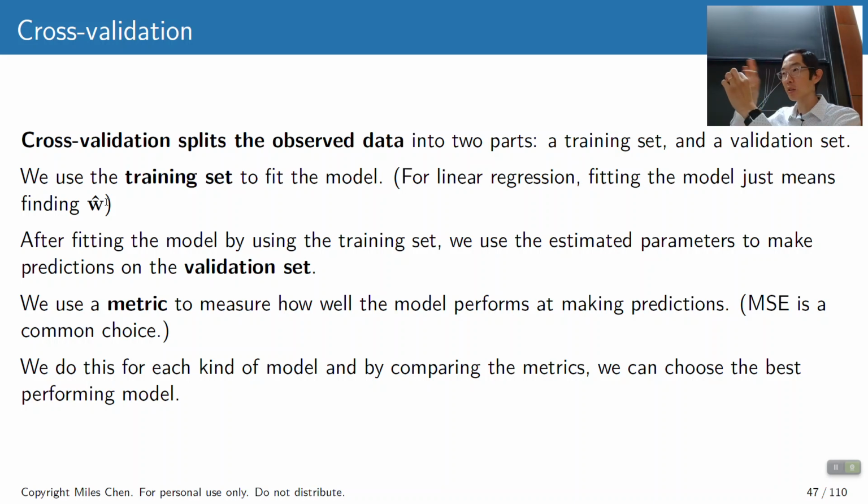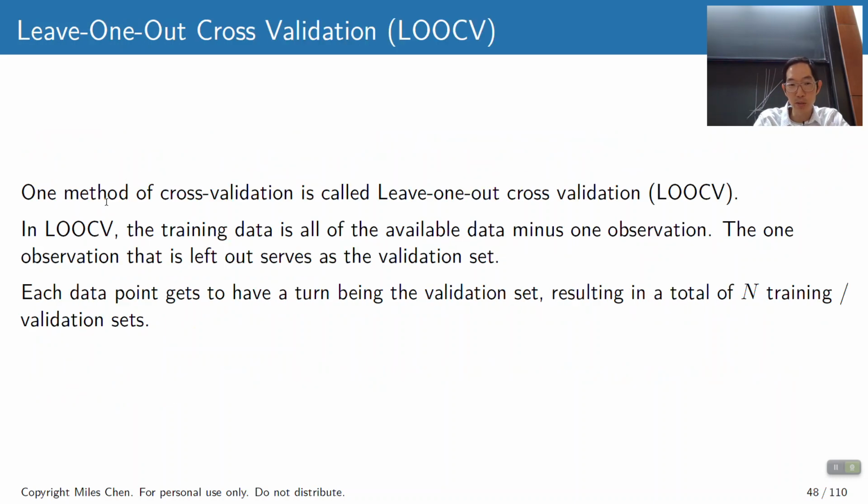Let's measure how good our predictions are. We use some kind of metric to measure how well our model performs at making these predictions. A common choice is mean squared error or root mean squared error. We do this for all of the possible models, and we compare the metrics for all of these models, and from that we choose the best performing model.